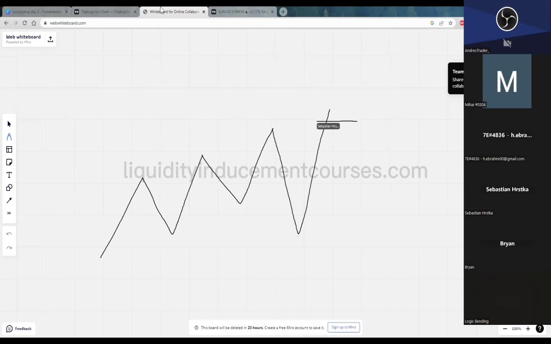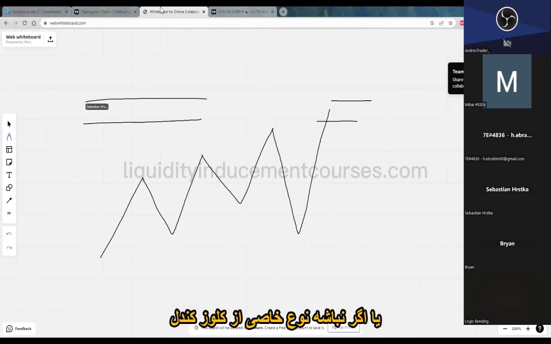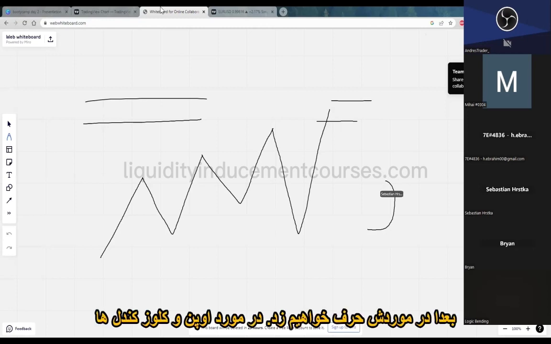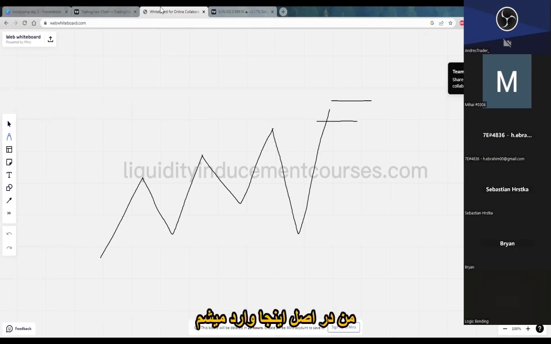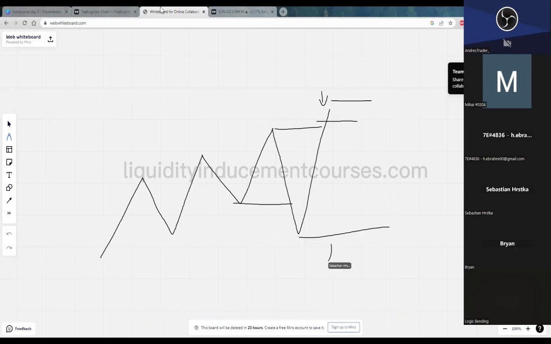Enter on this, stop loss here, POI, there might be a POI, or a certain candle close. We'll talk about that on day 3, about candle closes and opens and vector candles. So I mainly enter on this. This is BOS, this inducement, and target is this true BOS.